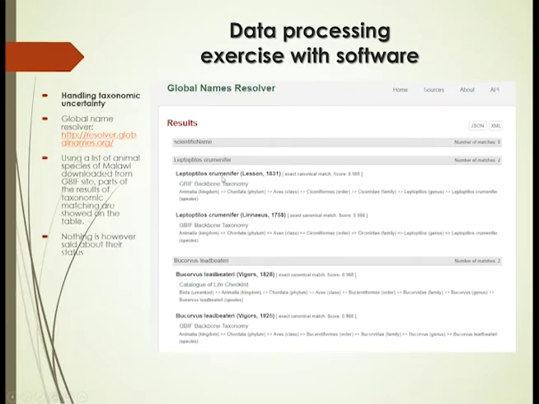When you use it, here is the result, how it looks like. For instance, the name Leptoptilos crumenifer, with the authority Lesson 1831, is an exact canonical match with a score of 0.988, close to 1.